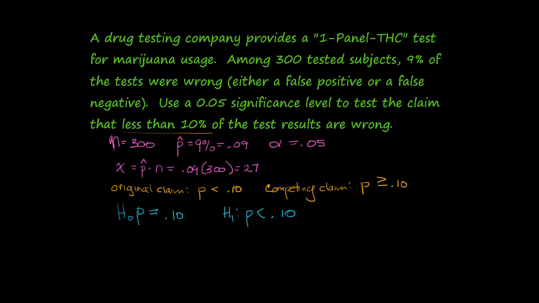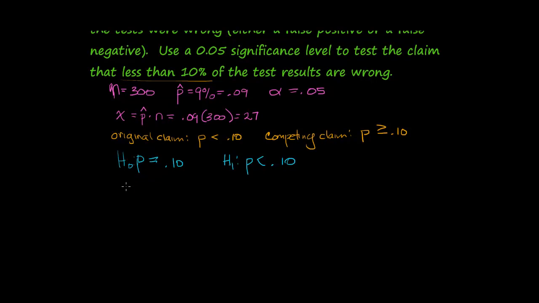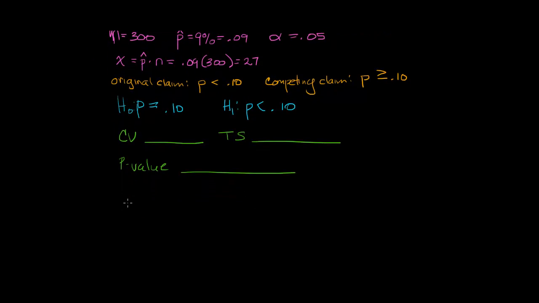Okay, the other items we will be collecting, we'll be calculating a critical value. The calculator will give us a test statistic and a p-value. We'll use that information in our decision diagram to make a decision.